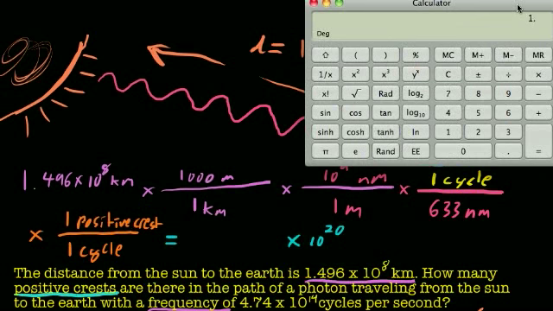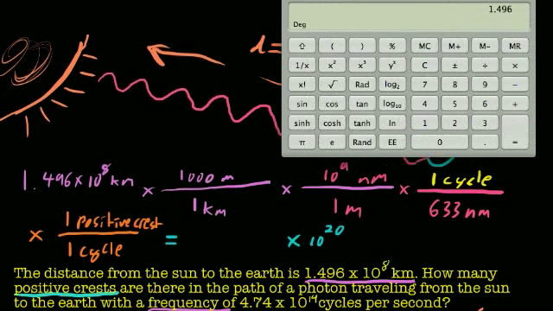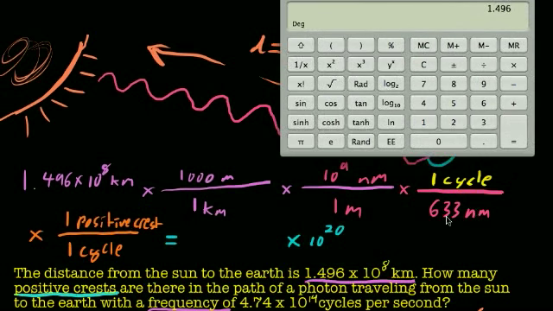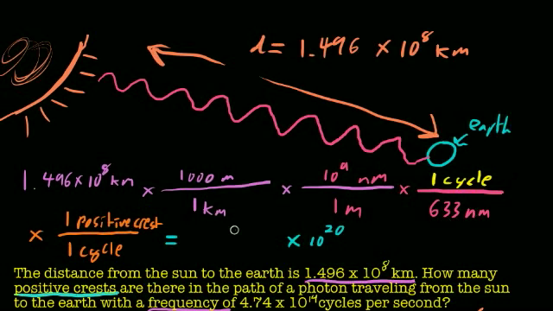So we have 1.496. And then the only other thing we have to do is divide that by 633. So divide by 633, and we get out 0.00236. So I'll write that down: 0.00236 times 10 to the 20th.